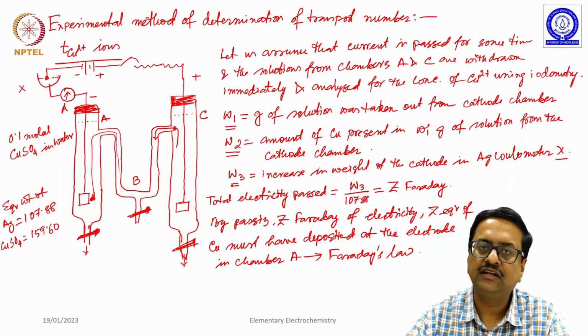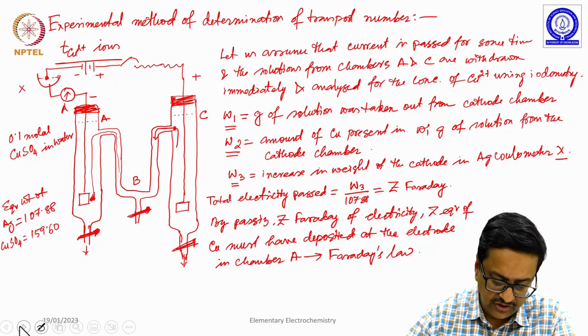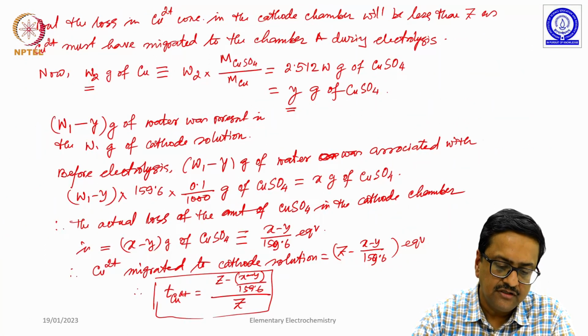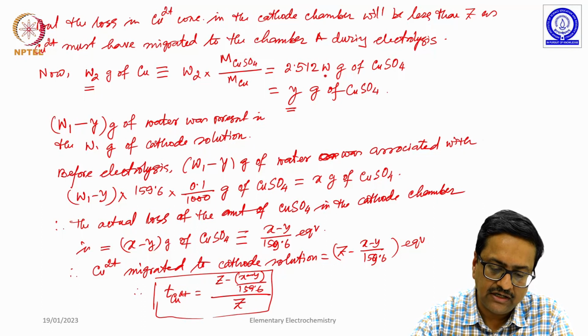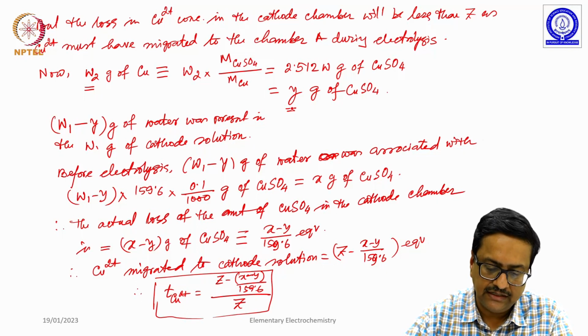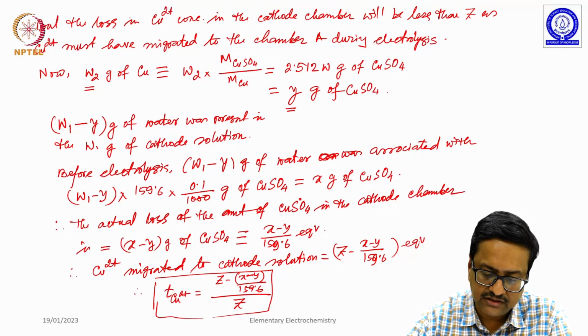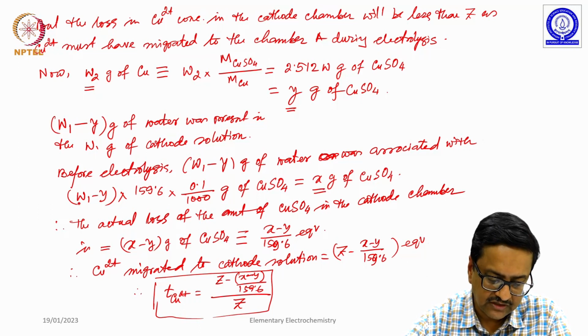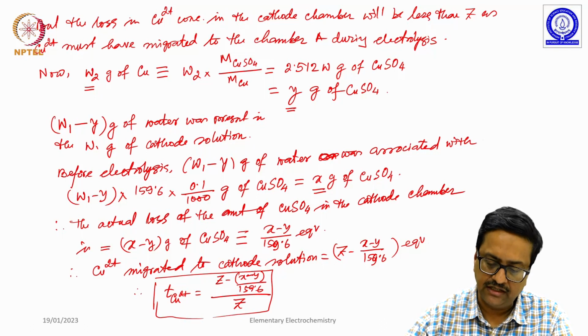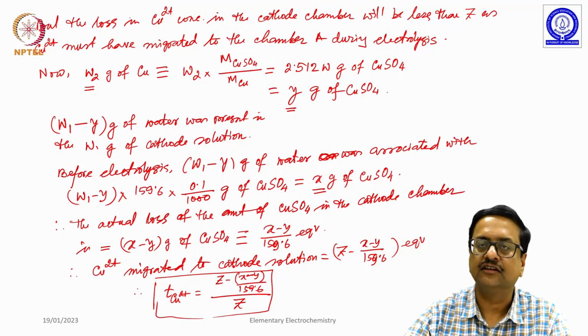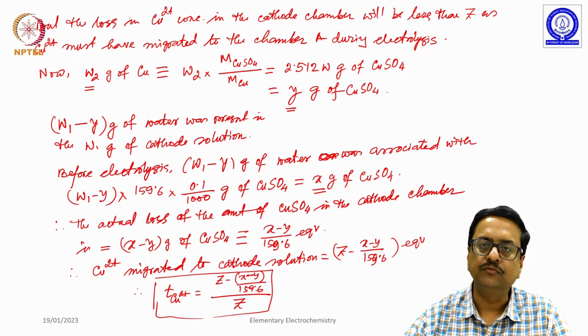Once you get those three masses, using this method you can calculate the value of y, and similarly you can calculate the value of x also, and you can easily calculate the transport number of Cu2+.